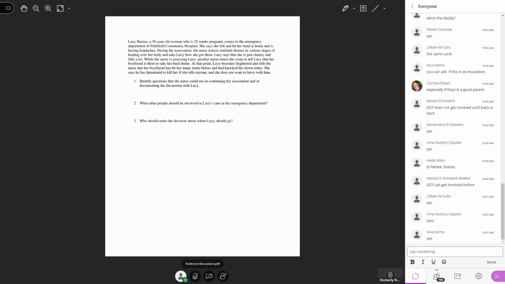They promise not to do it again. And then we're going to see them back again, maybe for another injury. Maybe as we talk about the escalation getting worse, the person may come back with far greater injuries, or there may be harm to the unborn child.